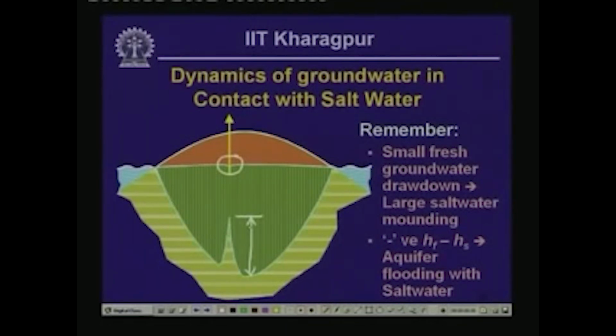Now, one question you could ask is how this freshwater wedge forms in the first place. The freshwater wedge forms because of precipitation received within the land area and downward seepage of the precipitation into the vadose zone, and eventually that forms the lens.